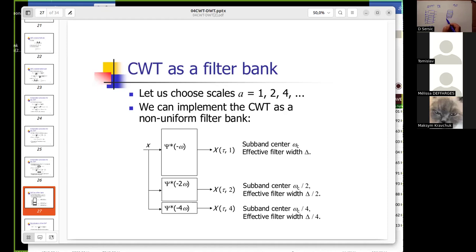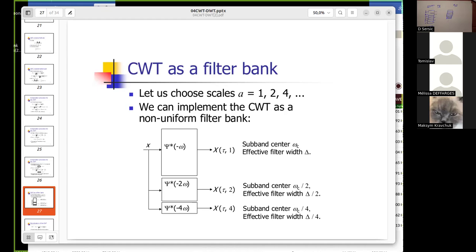But they will be more and more narrow when we go to lower frequencies. On the slide, you can see octave filter bank, where scale goes from 1 to 2 to 4. On the other side, it could be 1/2, 1/4, and so on.